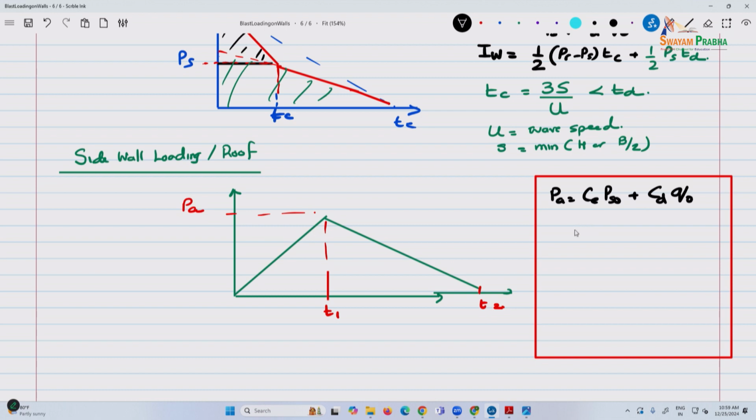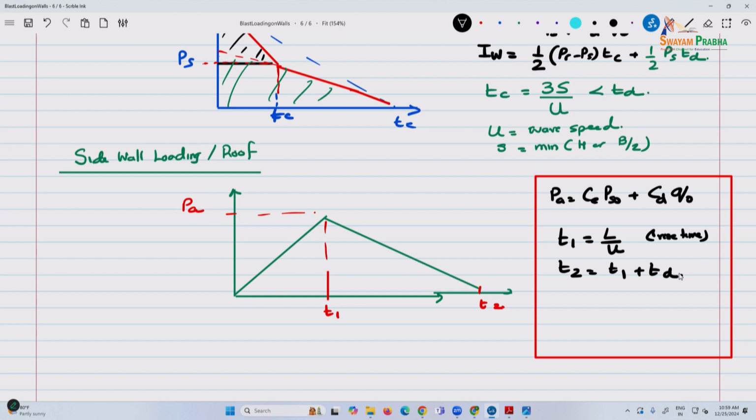And then you have T1 is equal to L divided by U, and T2, this is the rise time, and T2 is T1 plus TD.